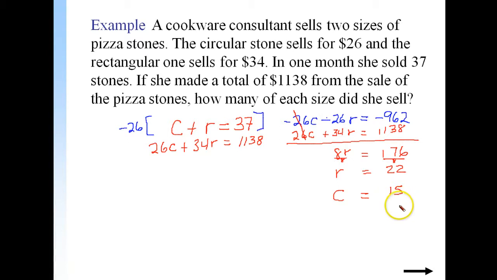So once again, what's your answer statement? Well, she sells 22 rectangular stones and 15 circular stones. Here, the use of the letter R and C are useful in identifying which product you're dealing with.